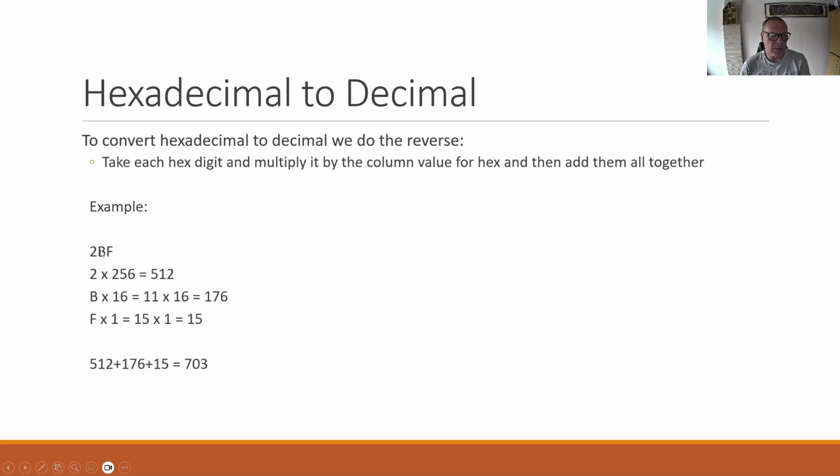It starts at 1, then 16, then 16 times 16, which is 256. So we've got 2 lots of 256. We've got B lots of 16, which is 11 lots of 16, and we've got F lots of 1, so it's 15 times 1. Add all those together and we get 703. So 2BF is 703 in decimal.